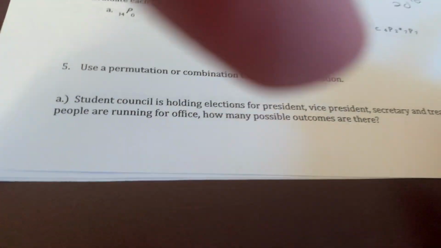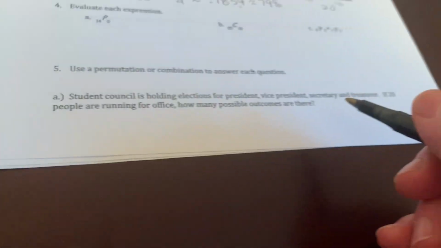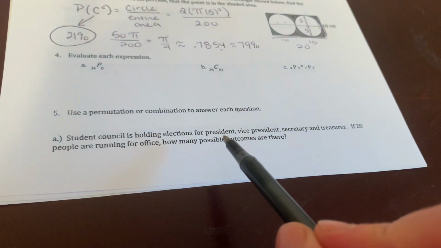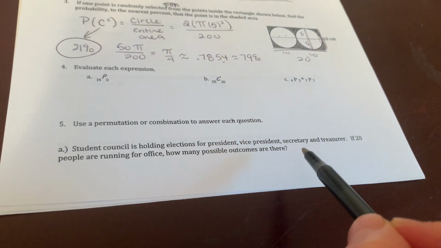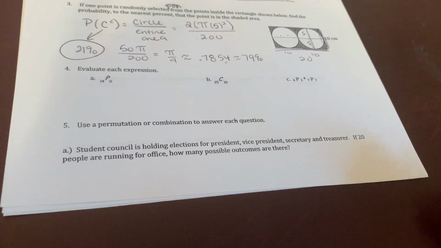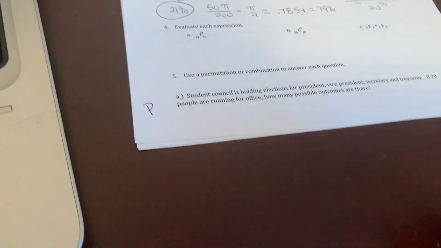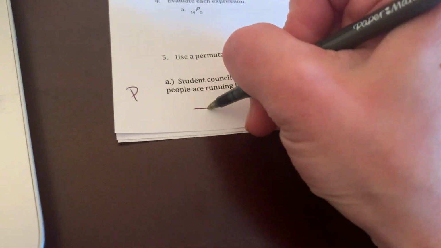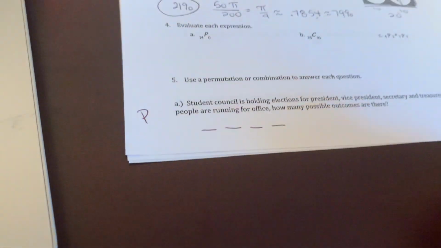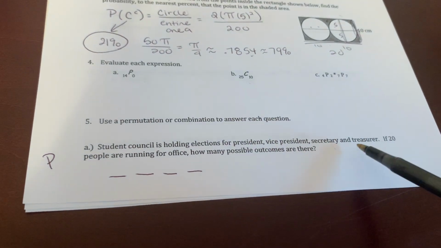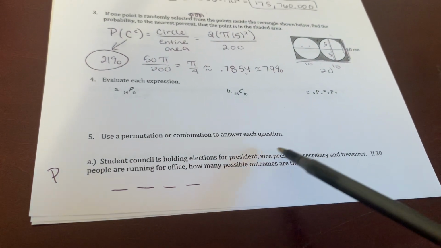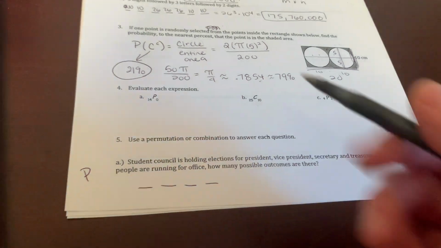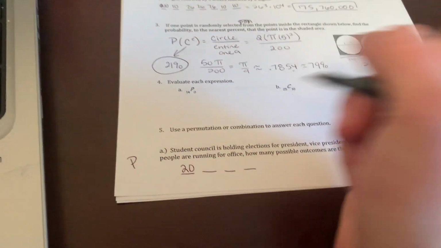So I have 4 positions. Order matters because if I pick a president and I pick a secretary and I swap them, it's gonna make a difference. So order matters here. So we're gonna say P for permutation. Okay. So I know that I have 1, 2, 3, 4 spots. So there's 20 people, and out of one of those people, I pick a president. So I had 20 options for president.